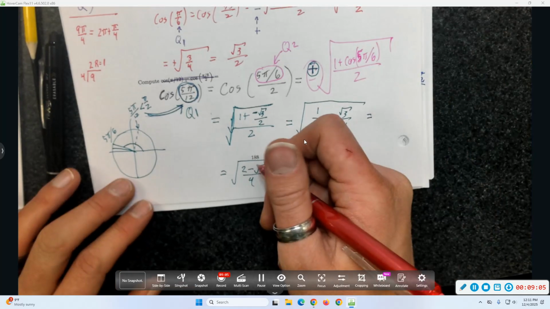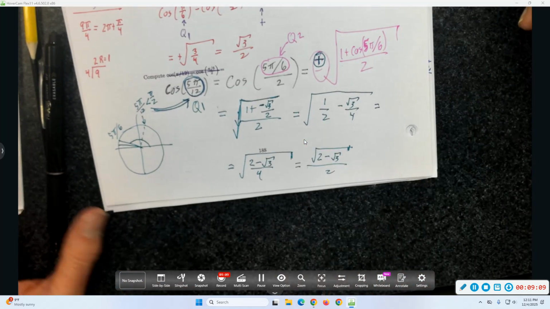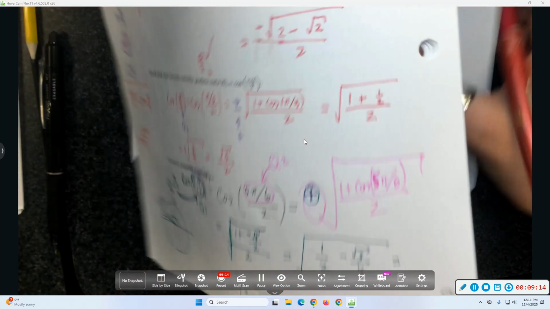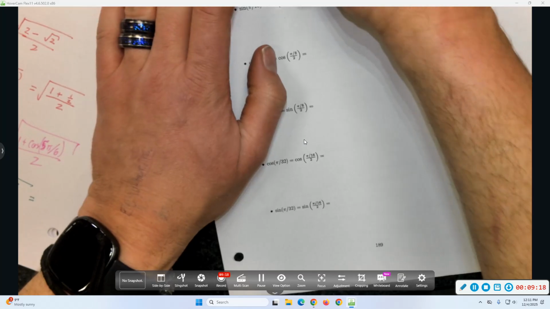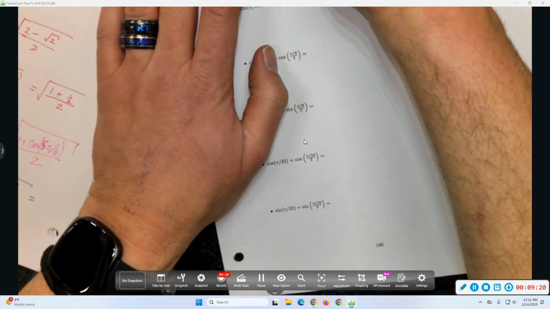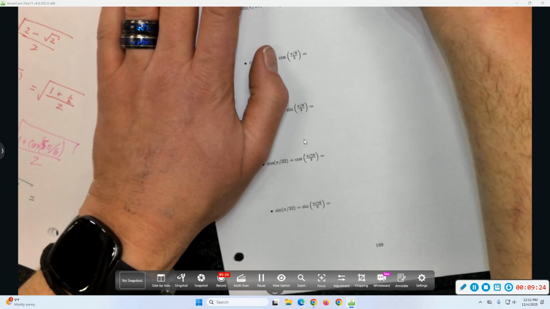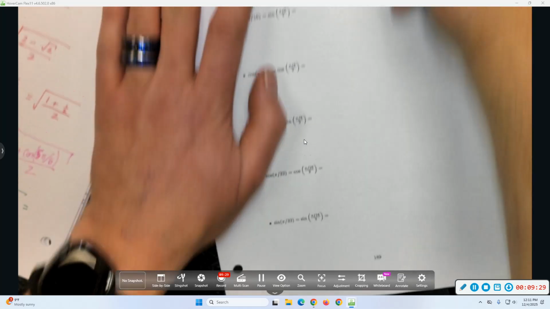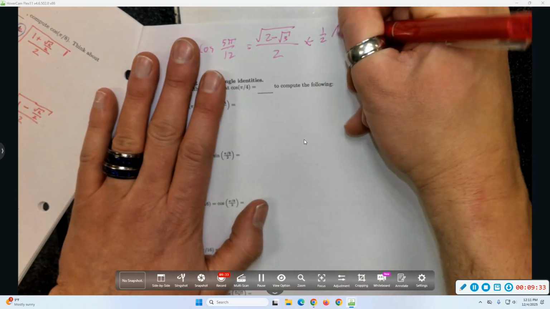What did we get earlier? So what do we have right now? Cosine 5 pi over 12 is square root 2 minus square root 3 all over 2. That's by the half angle identity.